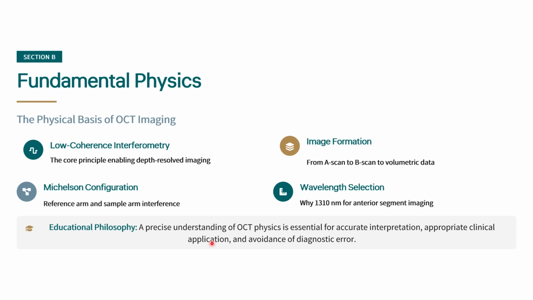What's the difference between A scan, B scan, C scan, or en face scanning, and what's the effect of the different wavelengths on the quality of the image that you are taking by the OCT. Also the principle of Michelson's interferometer, and so on.